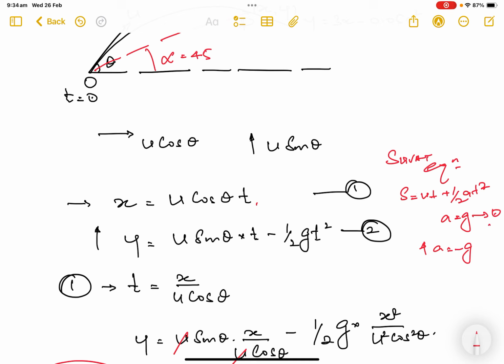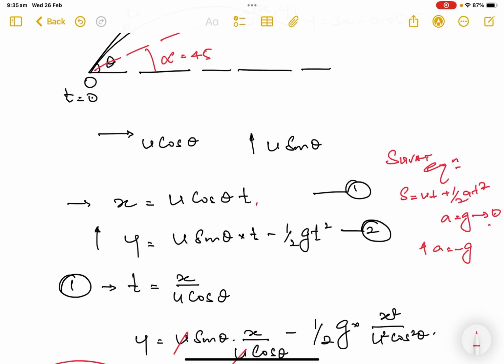So s equals ut, with nothing after that because a is 0. So x equals u cos theta times t. That is equation 1. Equation 2 is the same equation applied vertically.